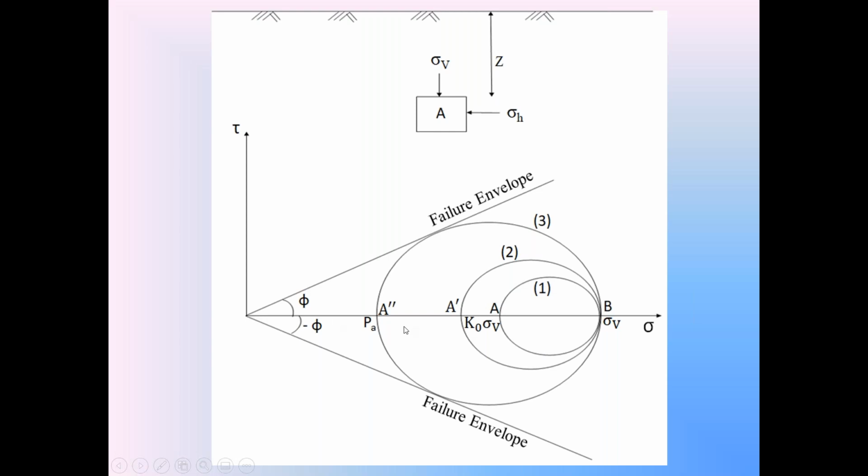From the origin up to point B is the major principal stress sigma V. From the origin up to point A is the minor principal stress sigma H. So OA is sigma H, OB is sigma V. Prepare this stress circle. This is called the Mohr stress circle for this soil element A when the element is in rest condition. So for the rest condition of the backfill, the first stress circle is the Mohr stress circle. But we are discussing the active condition, not the rest condition.